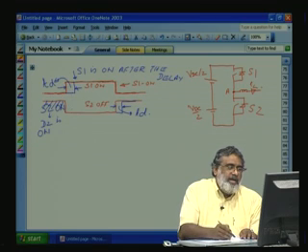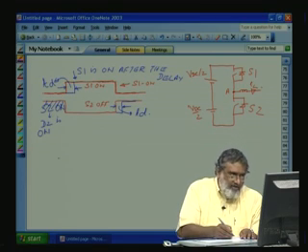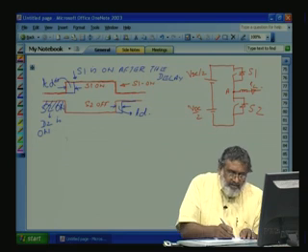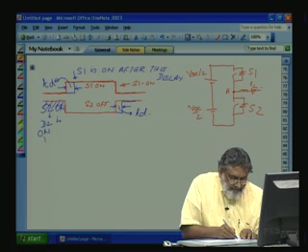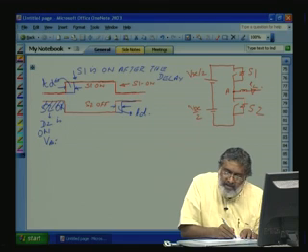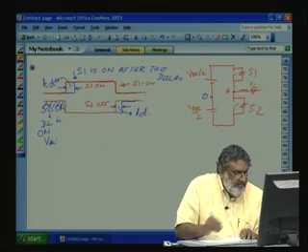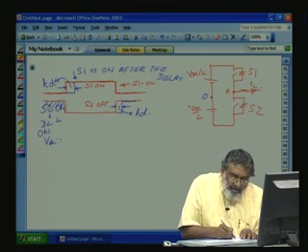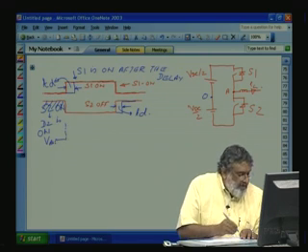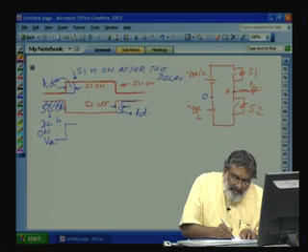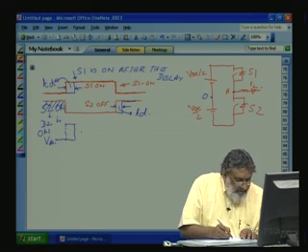Previously we wanted the output voltage to go like this. If you say VAN or VA0, this is our VA0. VA0 should have gone high here, but because of the delay, it has gone high here only.